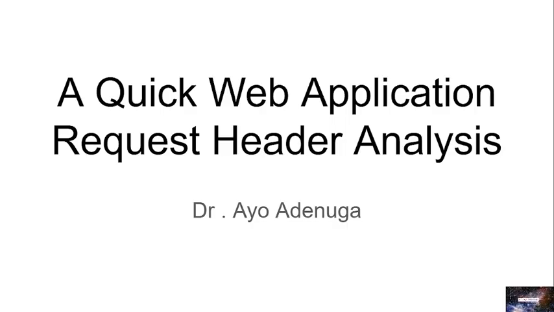If you come across a web request during penetration testing, or for any reason, if you don't know what each component means, it will be difficult to make sense out of what is actually transpiring in terms of communication between the client and the server.